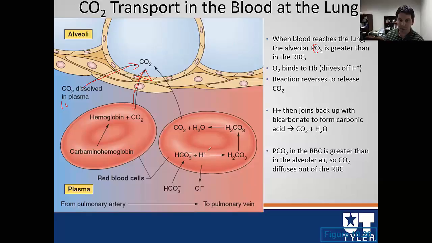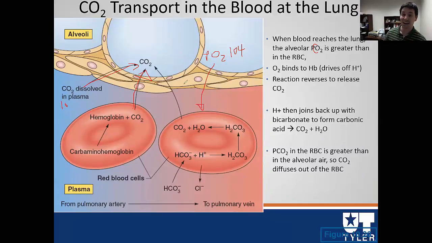So what's going on is that, again, oxygen is going from high PO2 to low PO2, right? So very high here, 104 for our PO2. So that's going to come in.